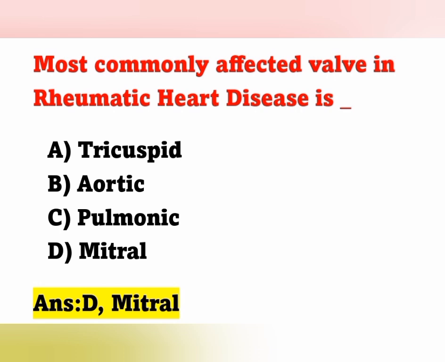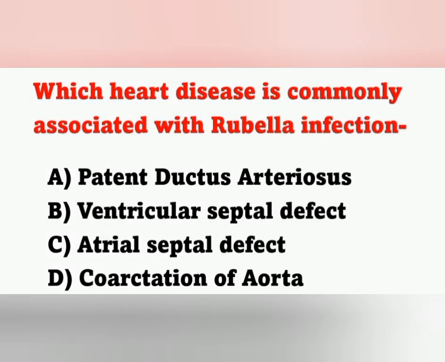And the next question, which heart disease is commonly associated with rubella infection? Option A patent ductus arteriosus, option B ventricular septal defect, option C atrial septal defect, option D coarctation of aorta. Rubella or German measles is an acute infection in childhood.